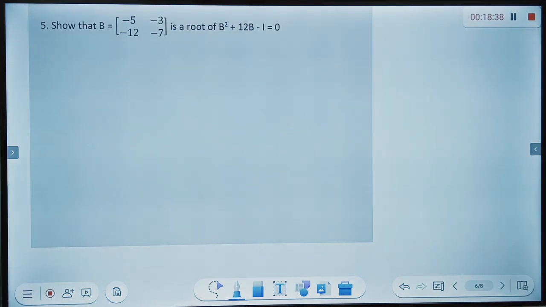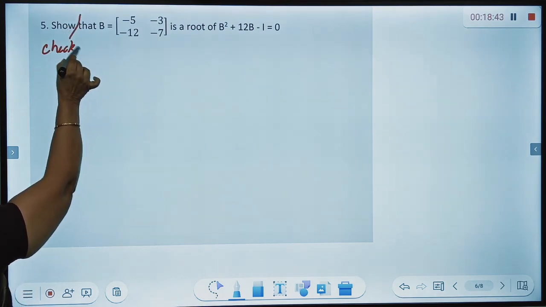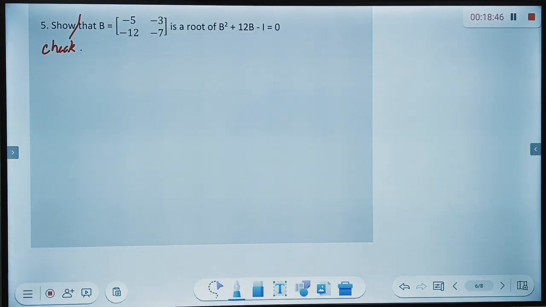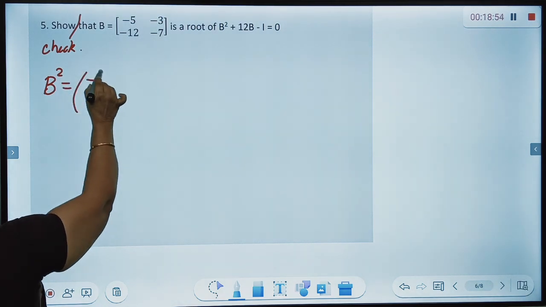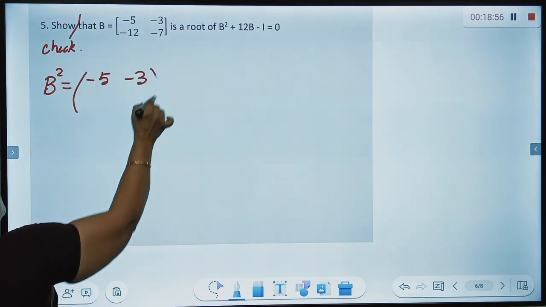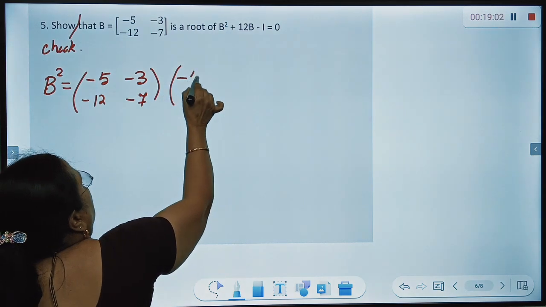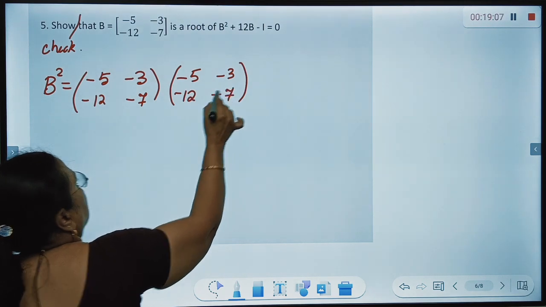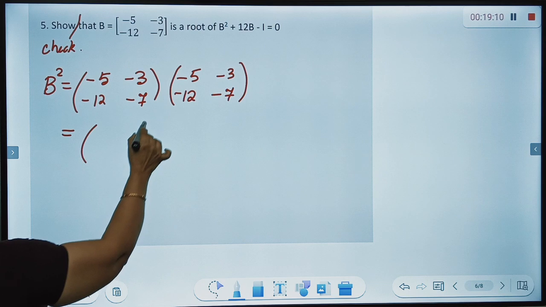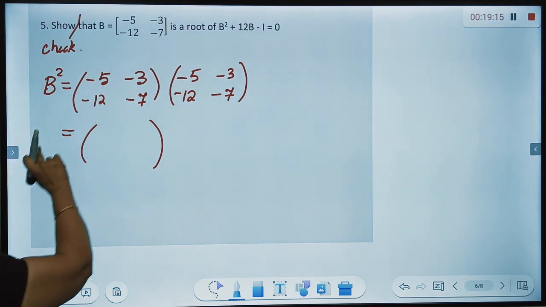Now, again we have to show, I always write show or check, whether this is a root of B square minus 12B minus I equal to 0. So what is B square? B square equal to [[-5,-3],[-12,-7]] into [[-5,-3],[-12,-7]].